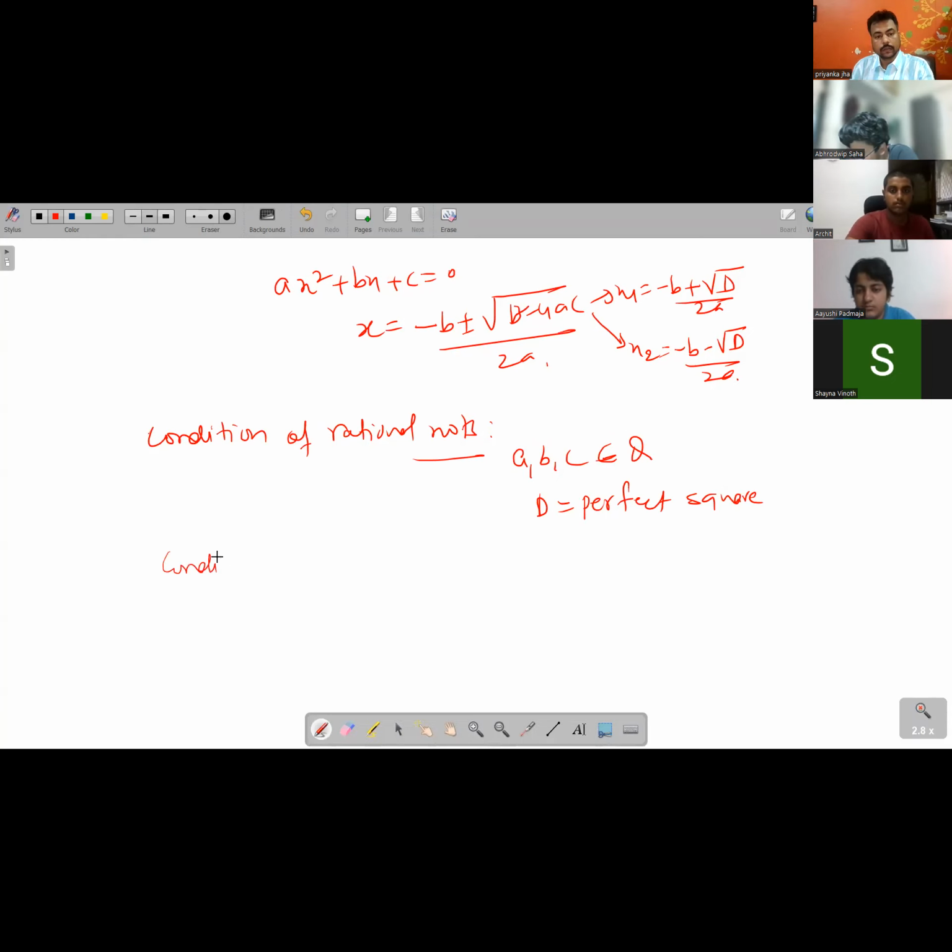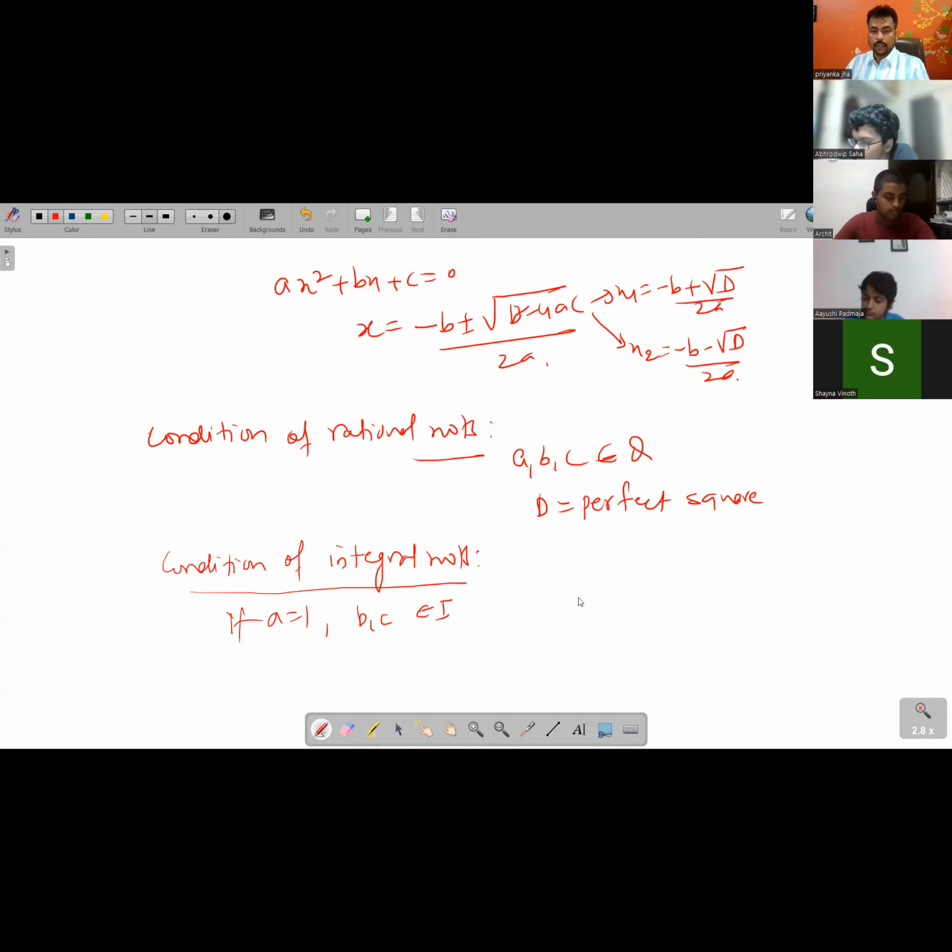The second point is the condition of integral roots. You will be asked whether this equation will have integral roots or not. In that case, suppose we have a equal to 1, meaning the leading coefficient is 1, and b and c are integers, and the roots of the equation are rational, meaning d has to be a perfect square.